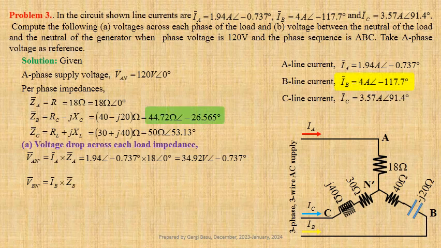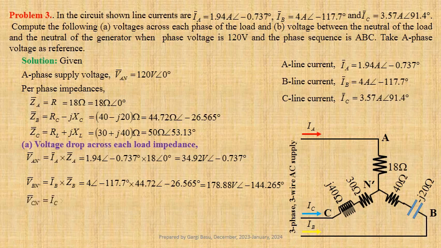Using values we get 4 at an angle minus 117.7 degree into 44.72 at an angle minus 26.565 degree, that gives us 178.88 volt at an angle minus 144.265 degree, and VCN dash equals IC into ZC.